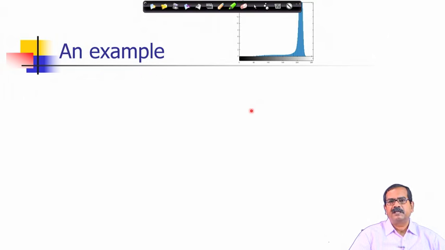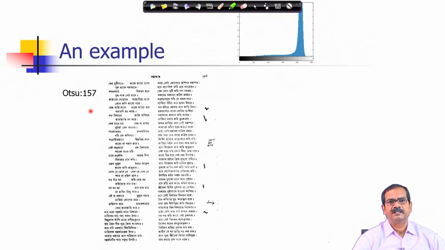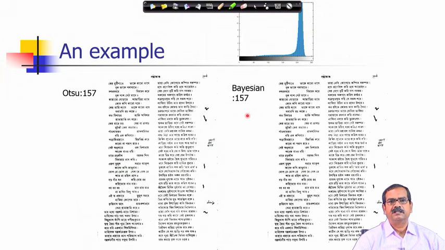As an example of this processing, with that particular document image, we computed the Otsu threshold, which is 157 in this case, and it gives this kind of image. If I consider the Bayesian threshold, then we find another image.